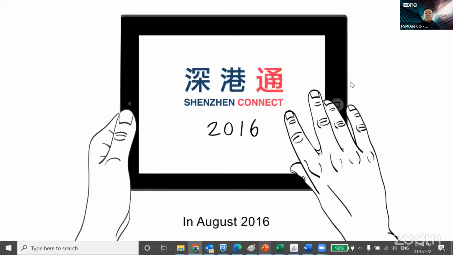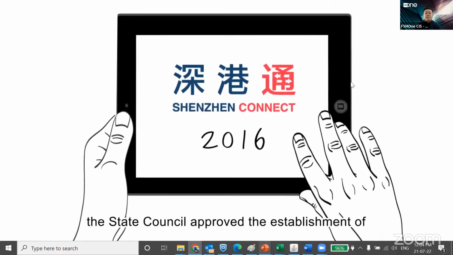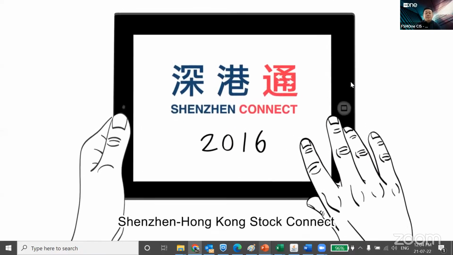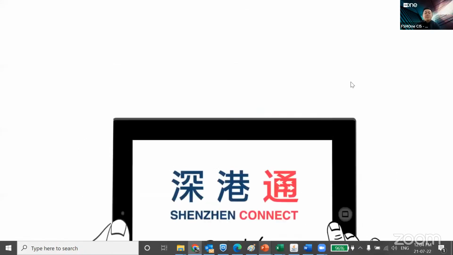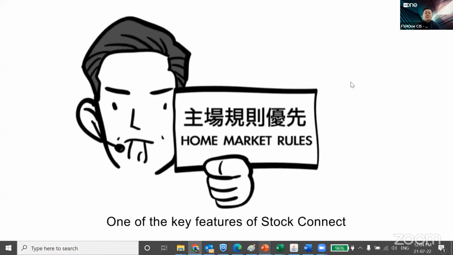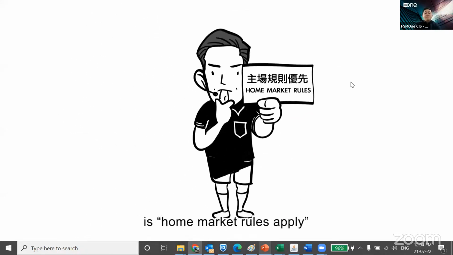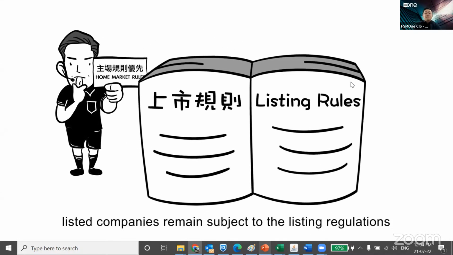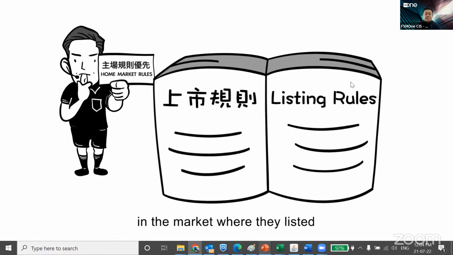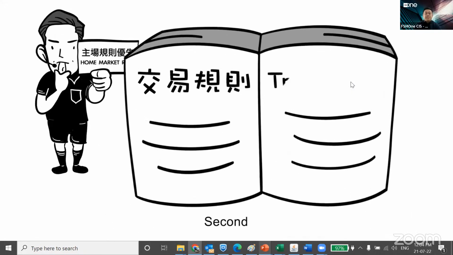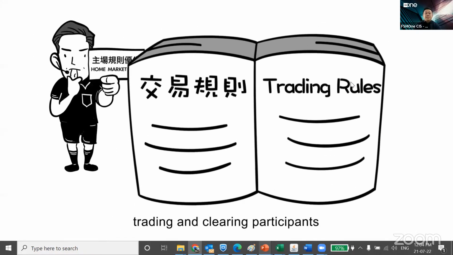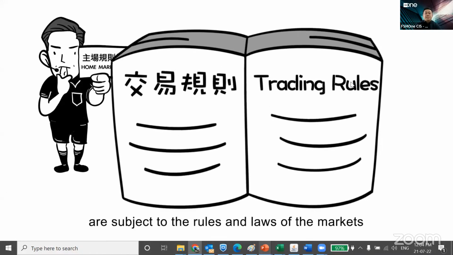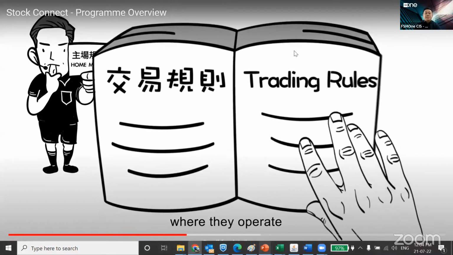In August 2016, the State Council approved the establishment of Shenzhen-Hong Kong Stock Connect. One of the key features of Stock Connect is that home market rules apply. First, listed companies remain subject to the listing regulations in the market where they are listed. Second, trading and clearing participants are subject to the rules and laws of the markets where they operate.